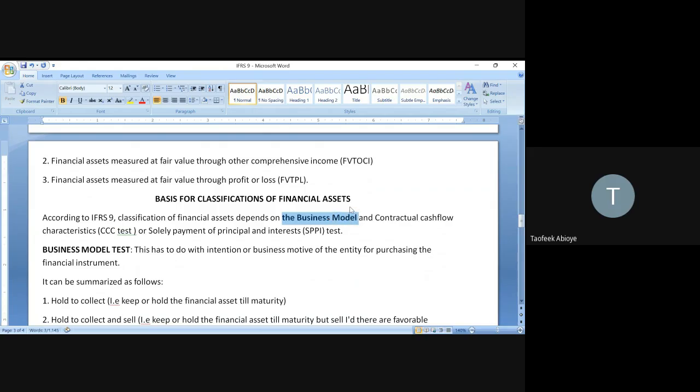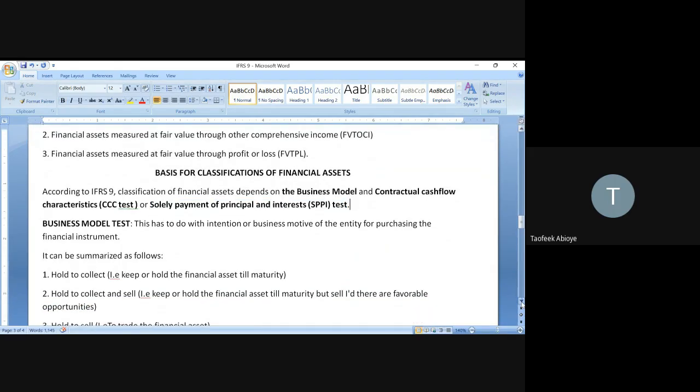And number two, contractual cash flow characteristics, which is the CCC or SPPI test. Before we can classify any financial asset, we must use these two bases as our means of classification.